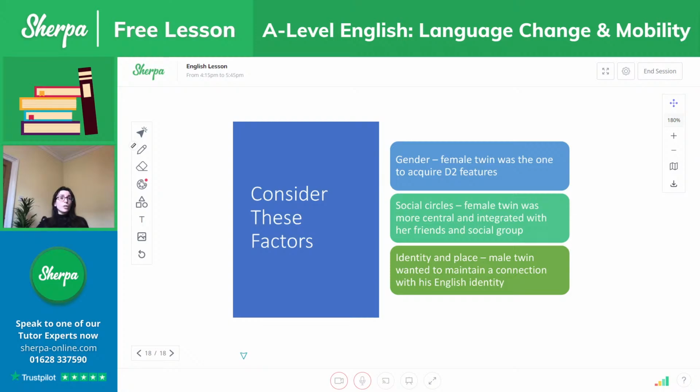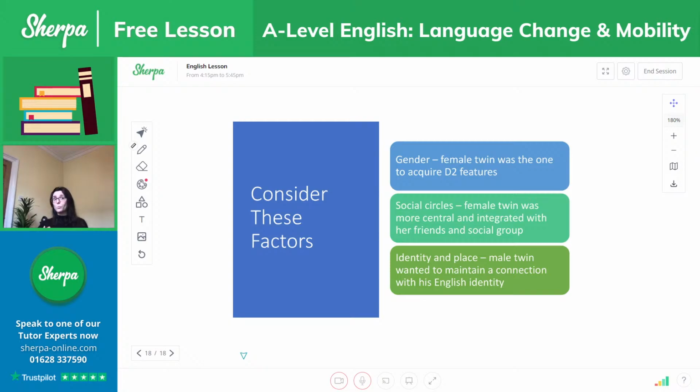And then identity and place could have played into this. The male twin didn't have negative feelings towards where he moved, but he did like maintaining a connection with his English identity, and accent was one way of doing so.